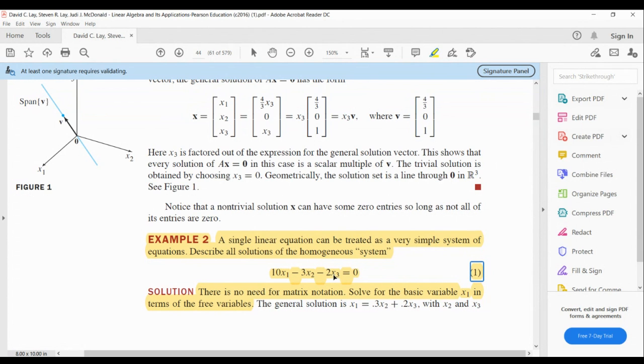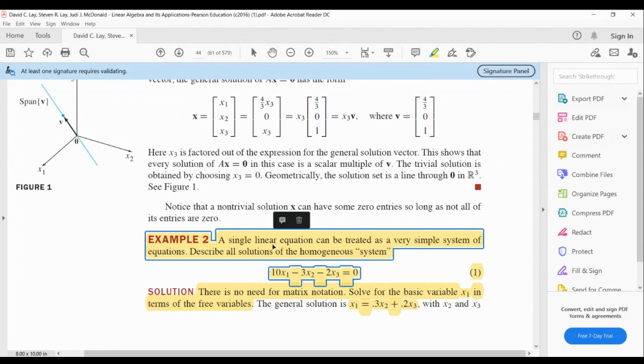you could write that as 10x1 equals 3x2 plus 2x3.